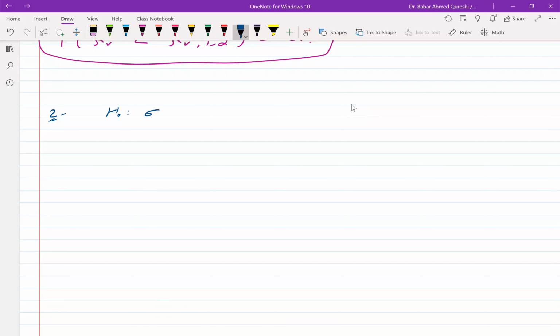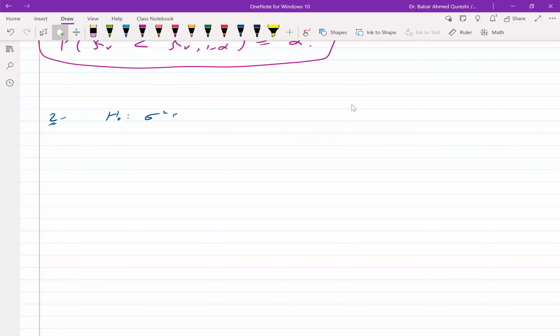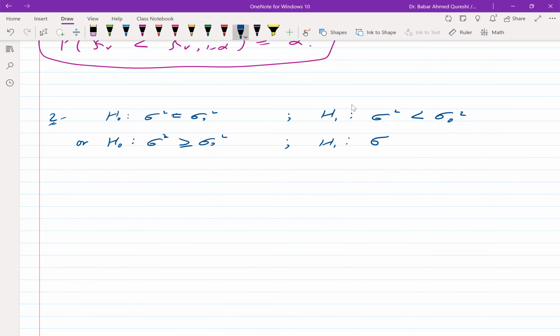If your hypothesis is sigma square is equal to a specified value and the alternate is that sigma square is less than this value, or even if this is equal or greater, in that case you have only one alternate possibility.